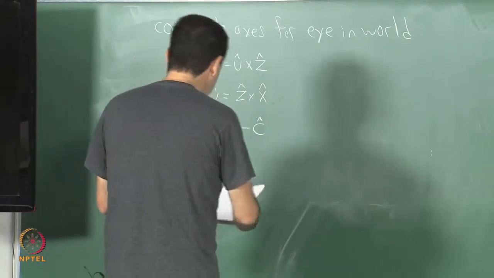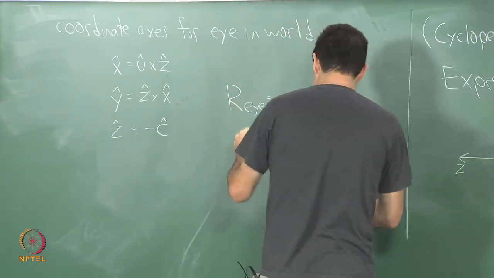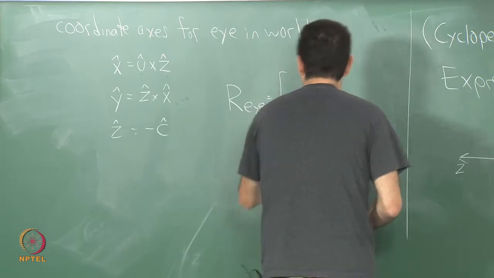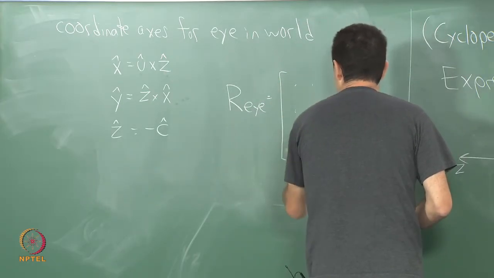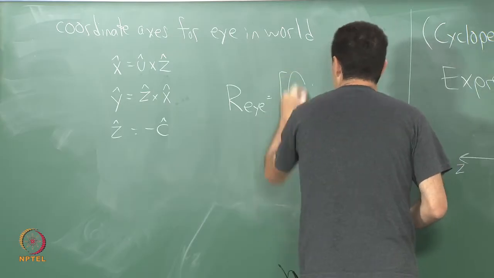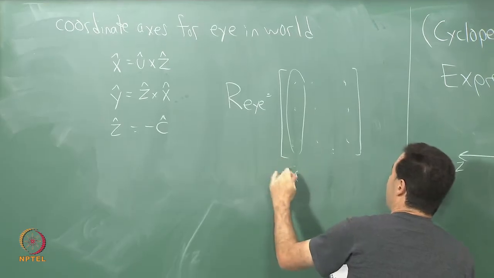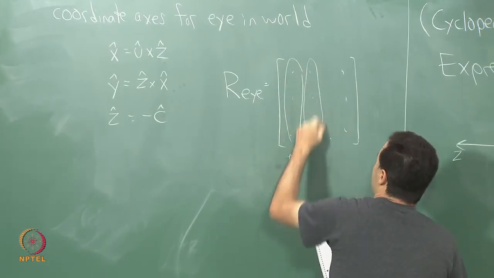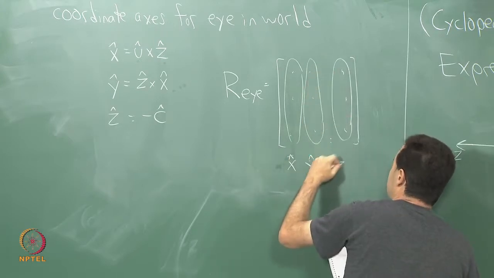So once I have that, I now get a rotation matrix, Ri, where, let me just write it out with dots, this column is just x hat, this column is y hat, and this column is z hat.